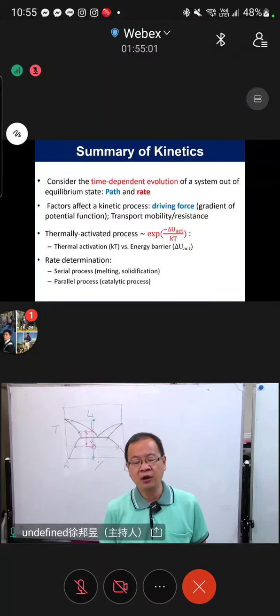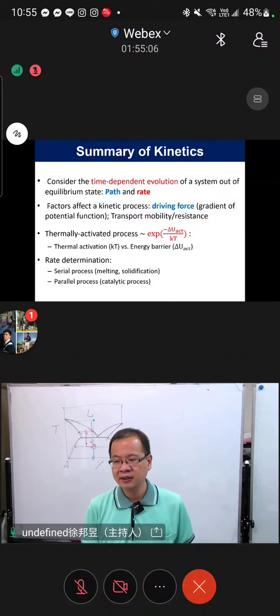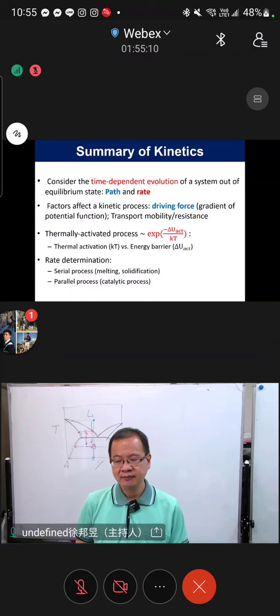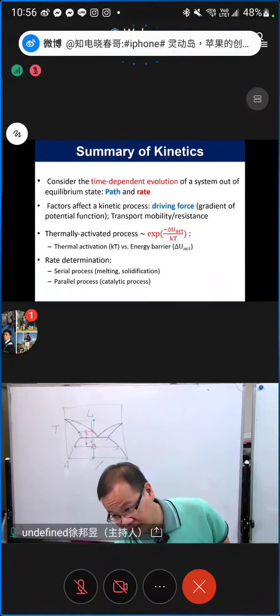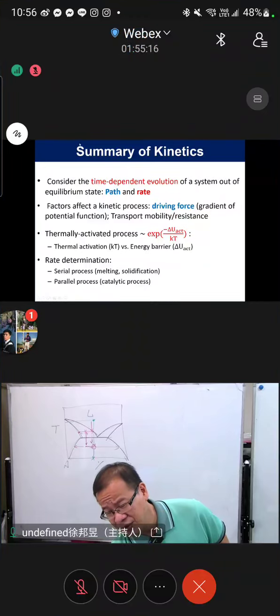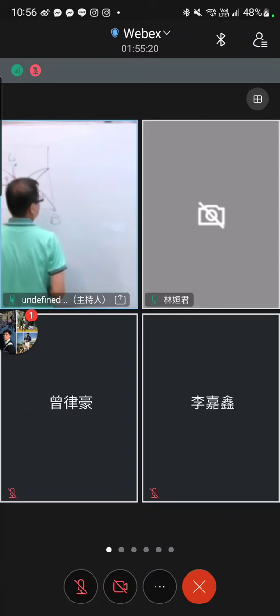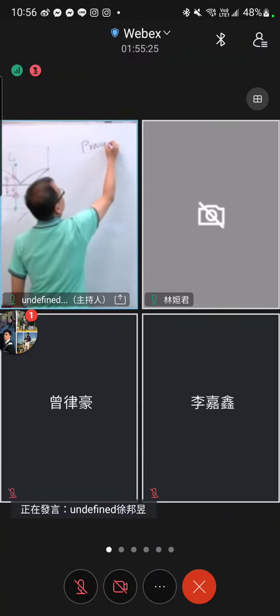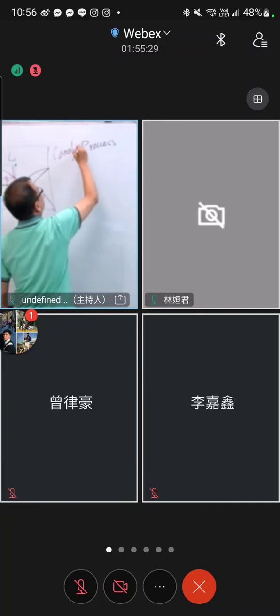Gold nanoparticle is very famous, or platinum nanoparticle on some kind of composite, like indium nitride, something. I don't care, but the catalysis happens. If you provide different paths in this way, let me draw a simple picture to teach you what the parallel process is. For example, catalytic process.